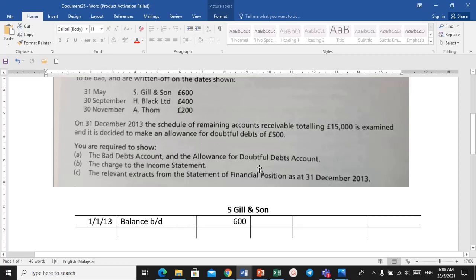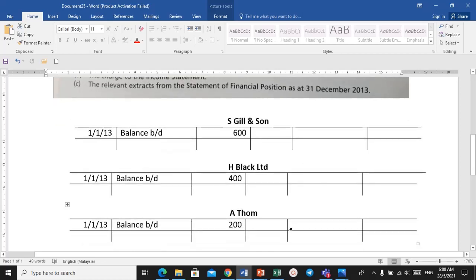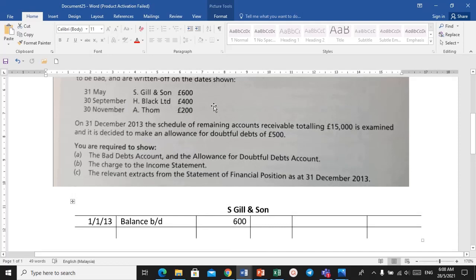So these are the three bad debtors accounts, which are S. Jill and Son, H. Black Limited, and A. Tom. I have created the beginning balance for these three accounts. This amount is to suit the balance that each account receivable still has on the date of bad debt declaration.